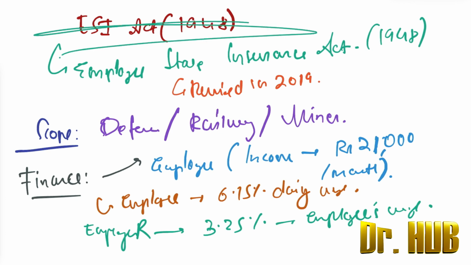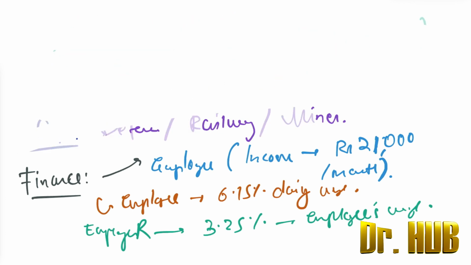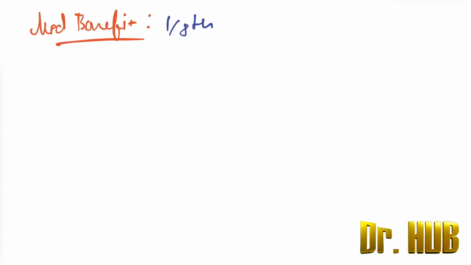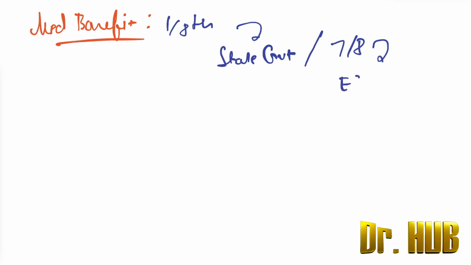Next, we'll be talking about the medical benefit. The medical cost is shared 1/8 by the state government and 7/8 by ESI Corporation.